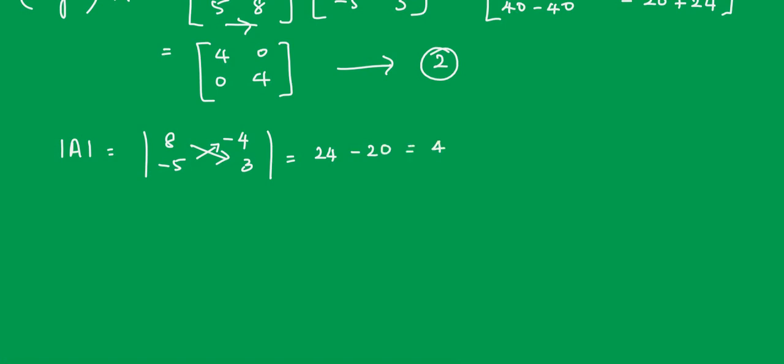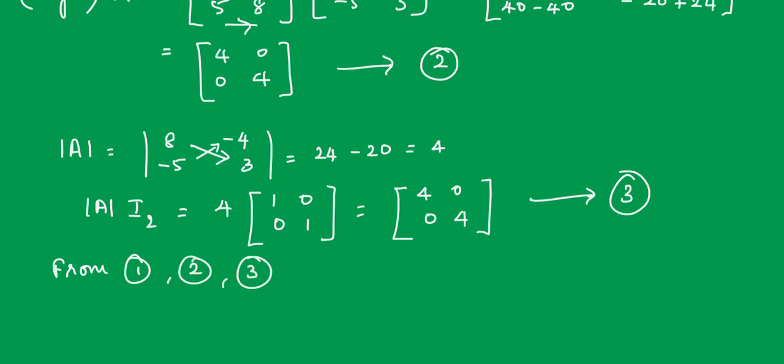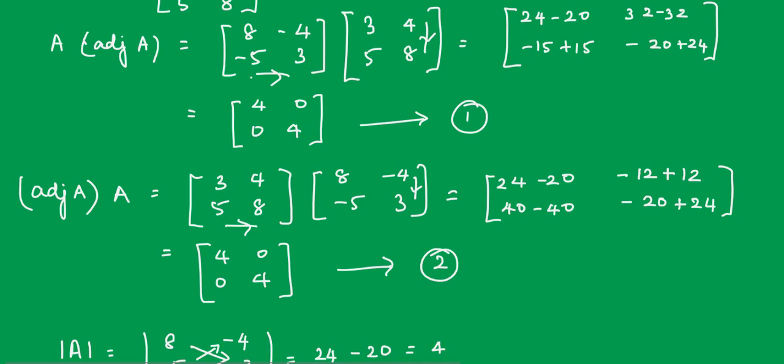Determinant of A is equal to 4. Now determinant of A into I2. So determinant of A is 4, I2 is [1, 0; 0, 1], so this is equal to [4, 0; 0, 4]. Equation number 3.